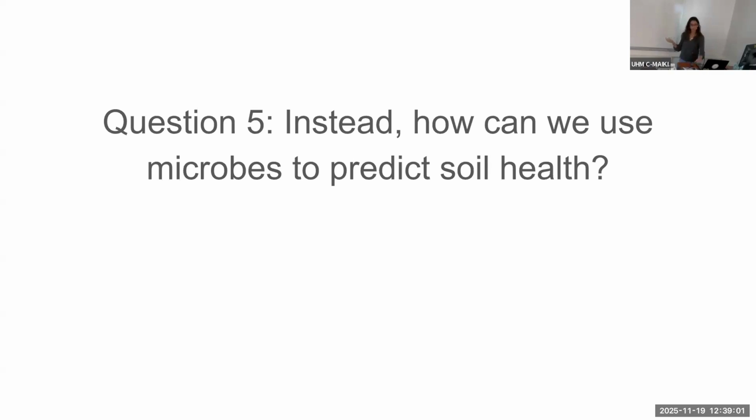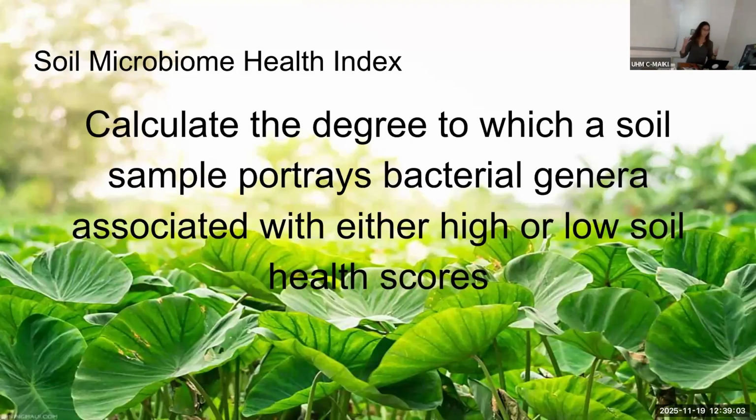However, what we thought about is that we could think of it as a soil microbial health index. By looking at the microbial composition of the soil, we could calculate the degree to which a soil sample portrays the bacterial genera associated with either high or low soil health scores.